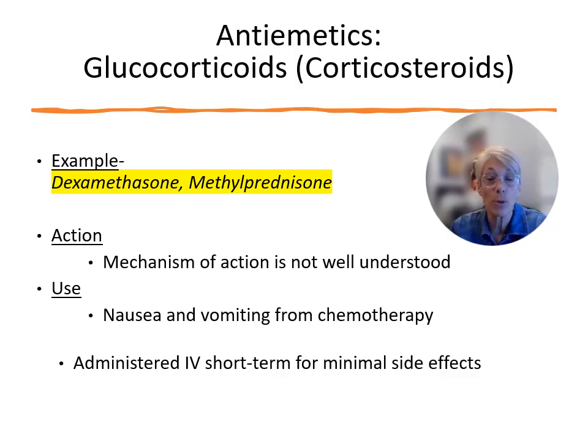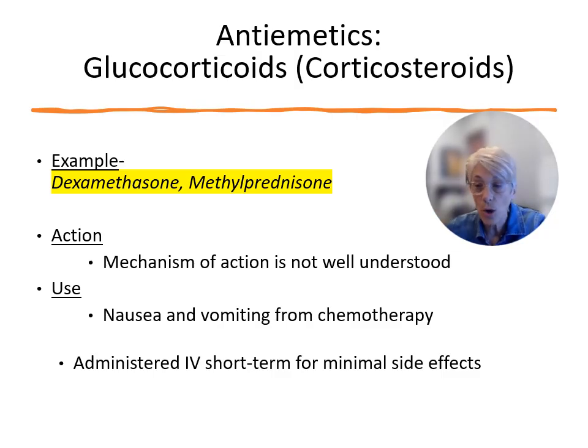So here they are, a couple examples of our glucocorticoids that we would use for nausea and vomiting. Again, not quite understood how they work, but they do. Used for kind of high-level nausea and vomiting associated with chemotherapy, okay? We would give them IV short-term, and because they're just very short-term, minimal side effects, okay?